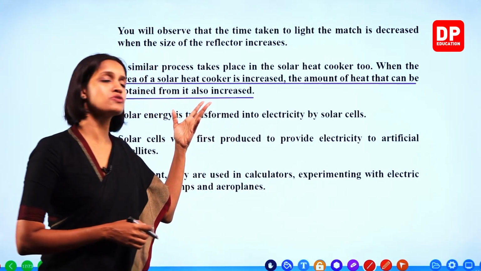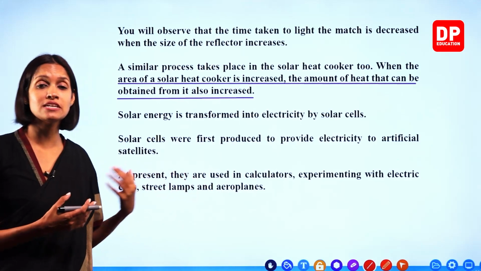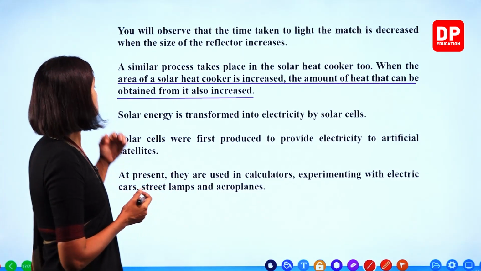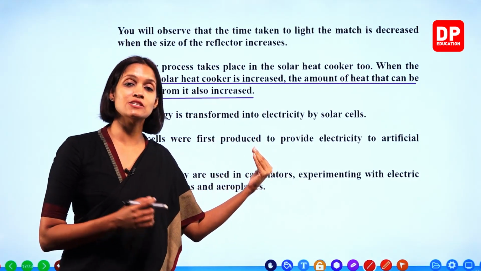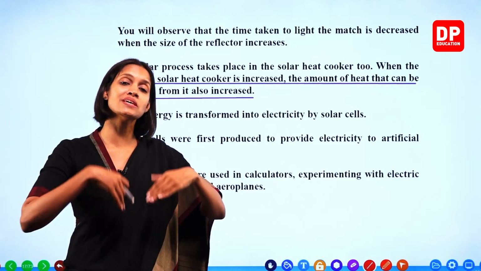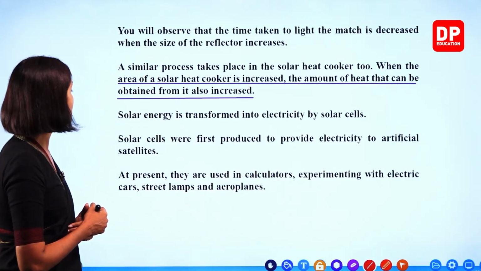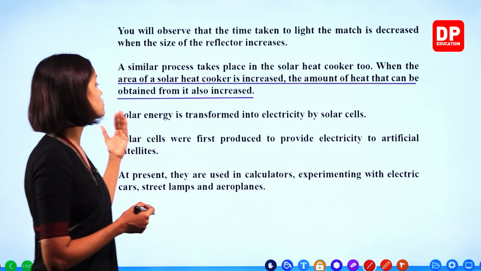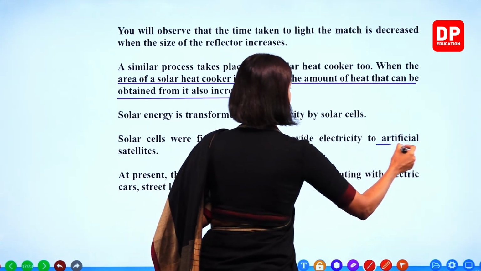We have learned about solar cells and solar panels before during the electricity lesson, right? So solar energy is transformed into electricity by solar cells. So when sunlight falls onto the solar cells and solar panels, what happens? It is converted to electrical energy, right? Solar cells were first produced to provide electricity to artificial satellites.